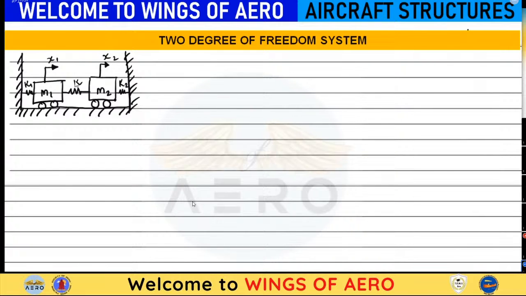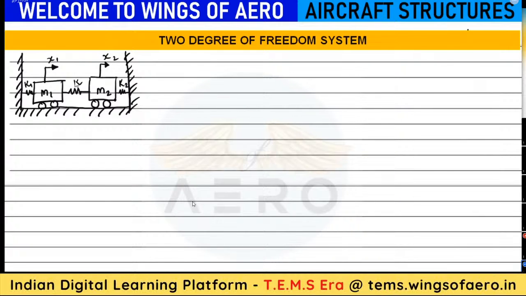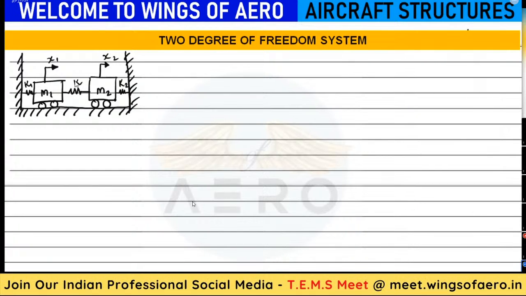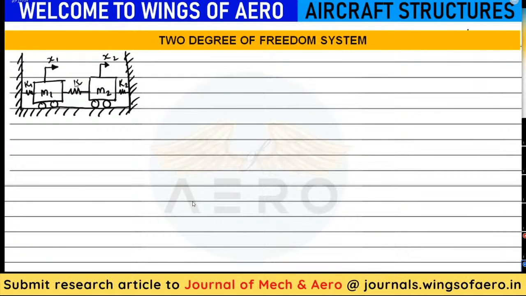You have to judge that. Second, whenever there is 2-degree of freedom, you have to find out the amplitude ratios. Now it can be of various types of this 2-degree system.